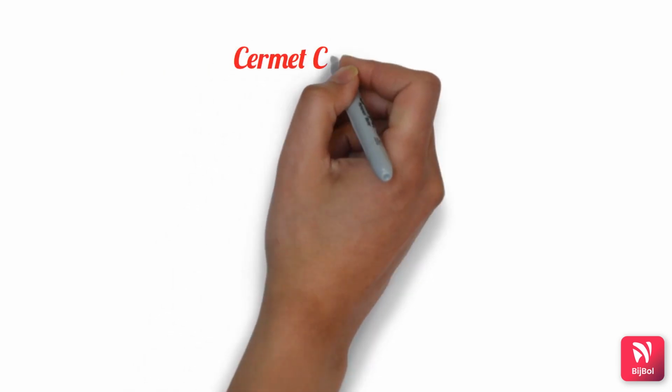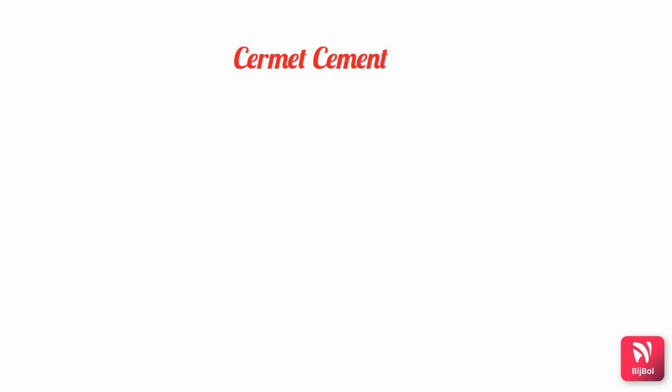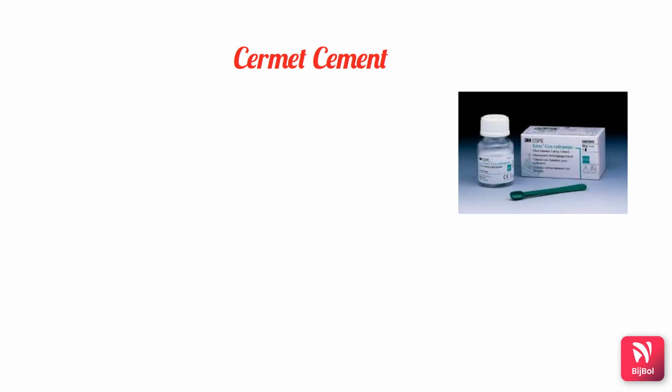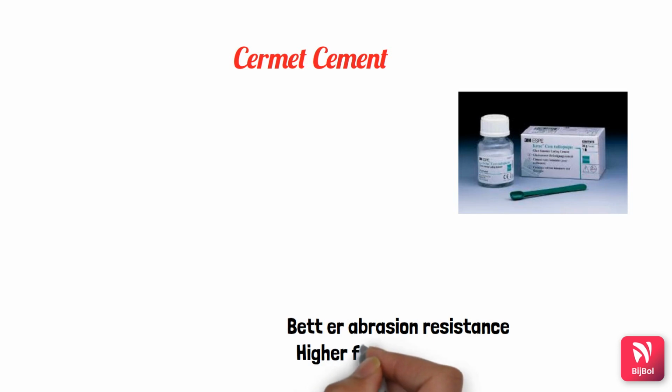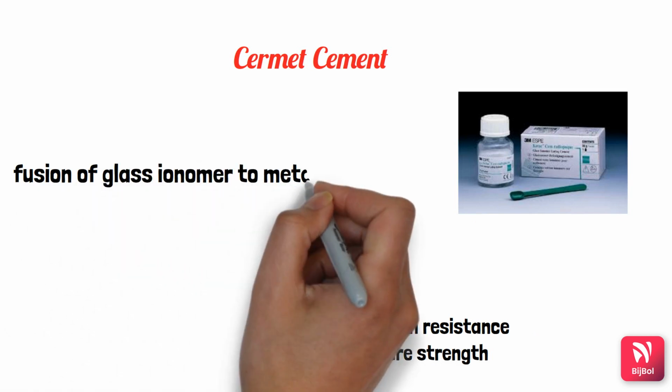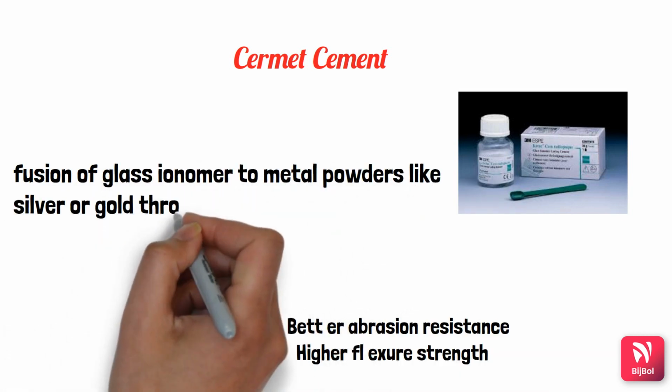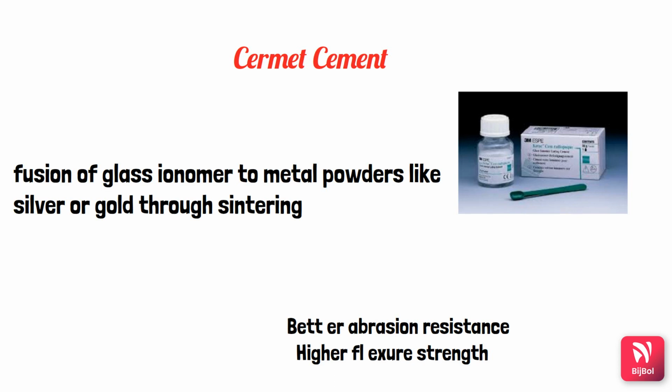Next cement is the cermet cement. The cermet cement also has better abrasion resistance and high flexural strength, which is a fusion of the glass ionomer to metal powder like silver or gold through sintering, that is at a temperature of 800 degrees centigrade.